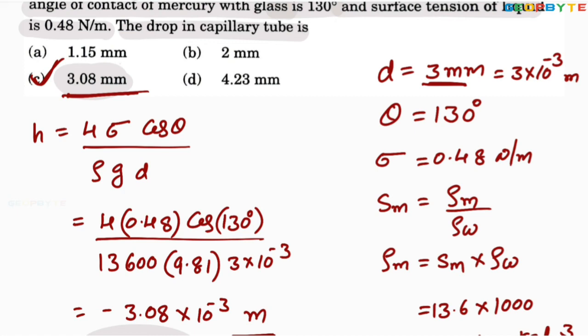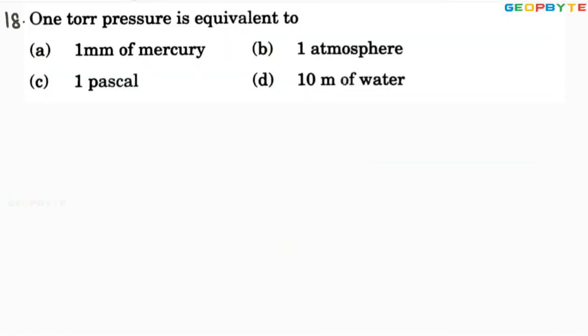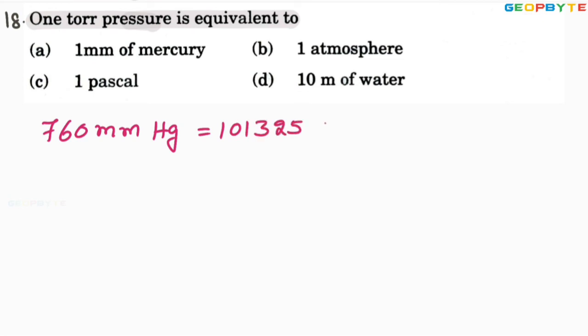Let us take one more problem. Look at the 18th problem. One torr pressure is equivalent to, dear friends, as we know, 760 mm of Hg, mercury, is equal to 101,325 Pascal or Newton per meter square.